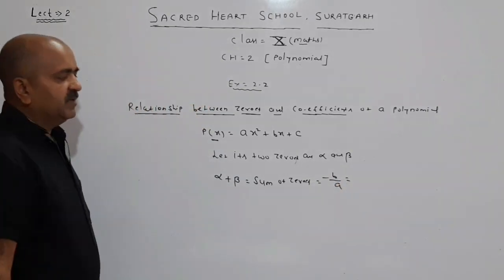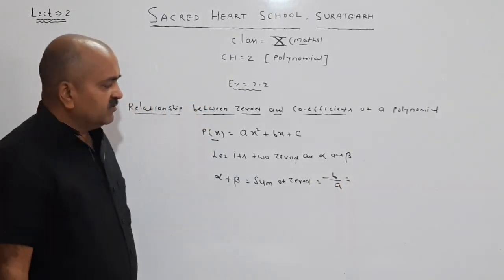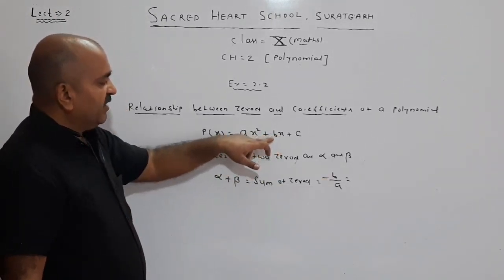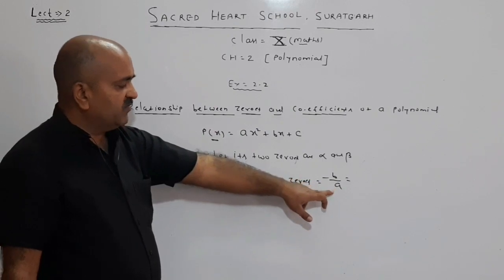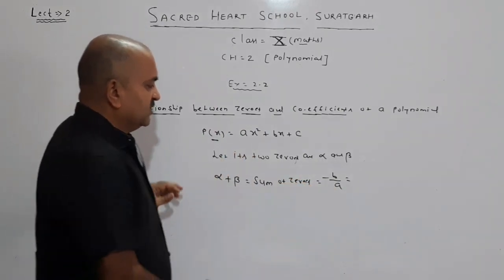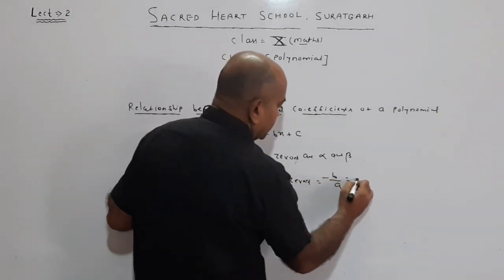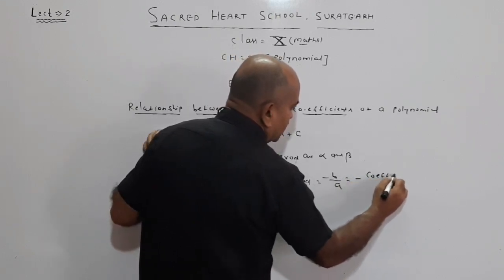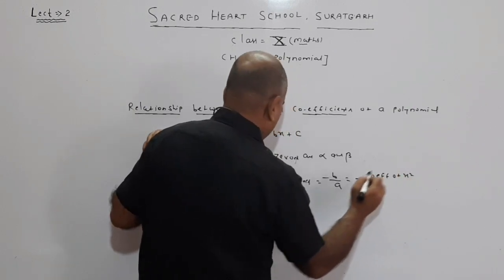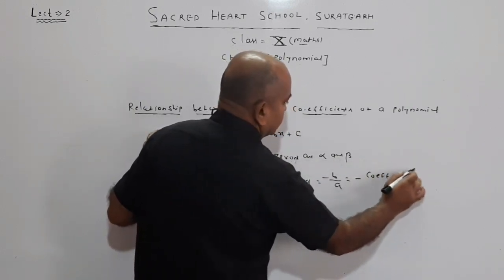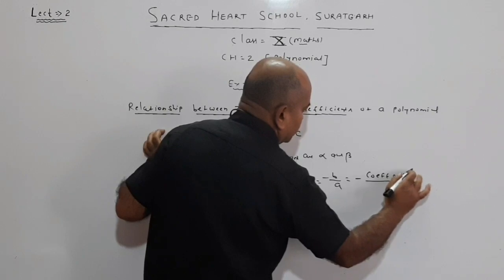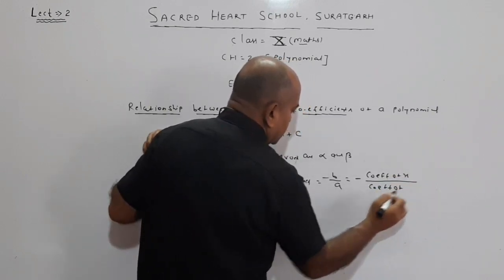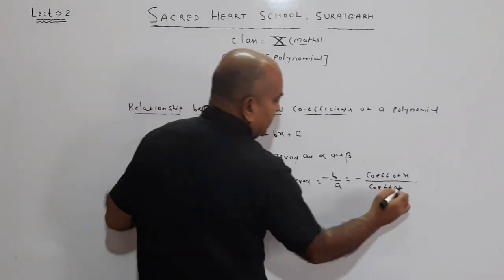What is the meaning of b? b means coefficient of x. And what is the meaning of a? Coefficient of x square.